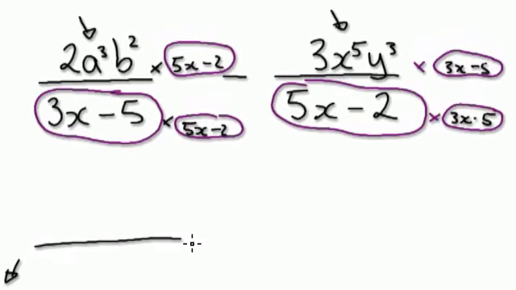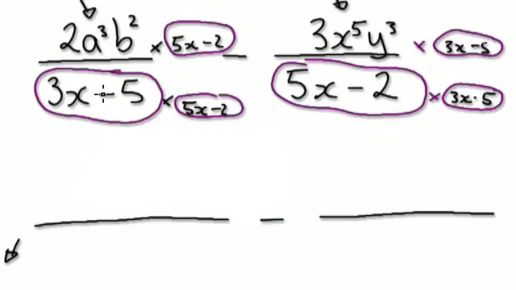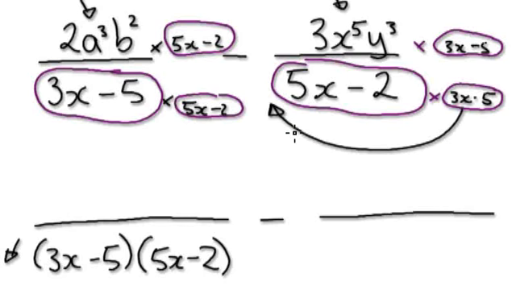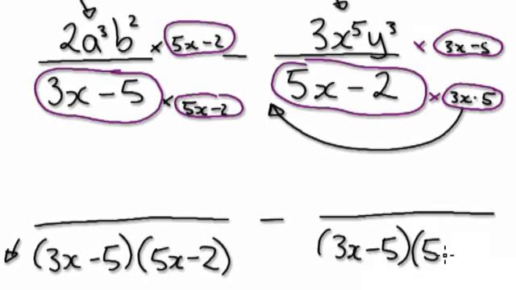Now, hang on. So really, in effect, we've got one fraction take away this fraction. Okay. So hang on. Let's do the bottom part first. So this 3x minus 5 times 5x minus 2, and then on the right hand side, we're going to switch. I'm going to put this one in front. So it's going to be 3x minus 5, and then 5x minus 2.